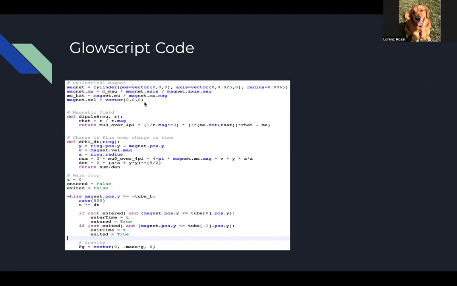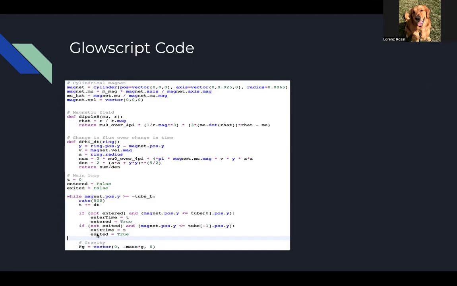Then this pretty much made the cylindrical magnet. This determines the magnetic field, and then this determines the change in magnetic flux over time. This was our main loop, where we set those for when it entered and exited, and we also iterated across. So when it was going down the tube, it would increase in time and everything.